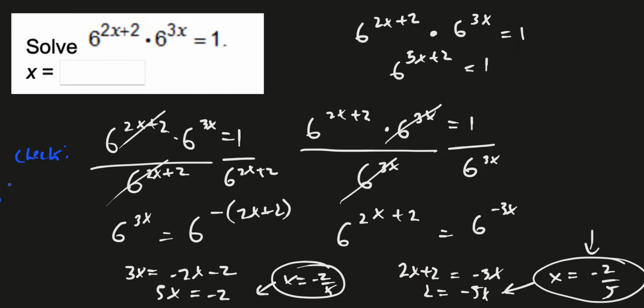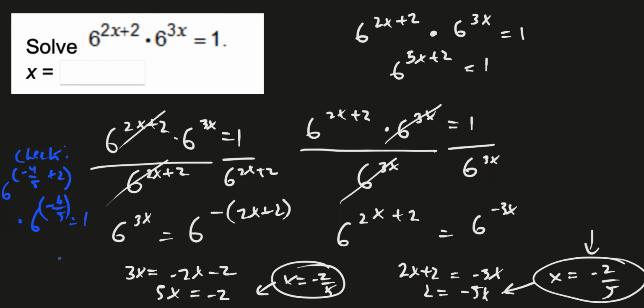So 6 raised to the 2 times negative 2/5, which is negative 4/5, plus 2, multiplied by 6 raised to the negative 6/5.